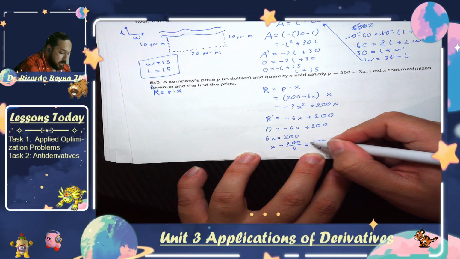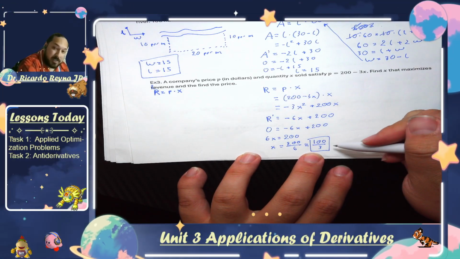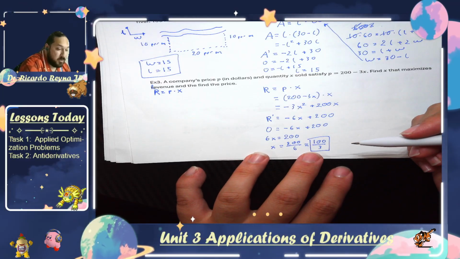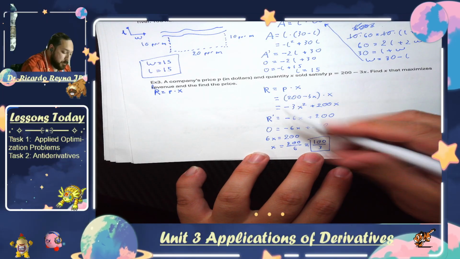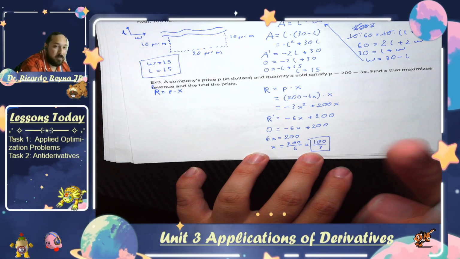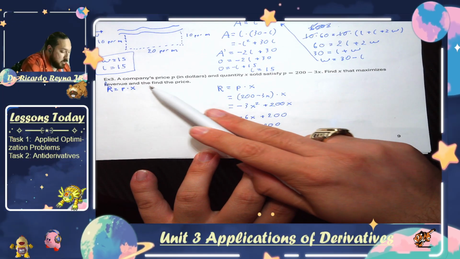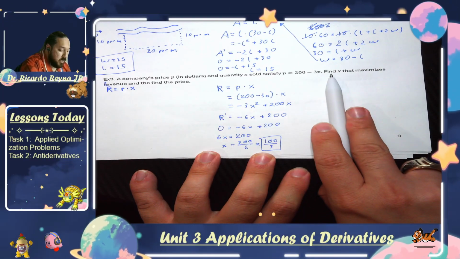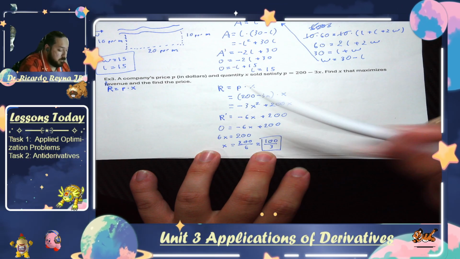So this is going to be the quantity sold that will maximize our revenue. Obviously, this is a fraction of a quantity, but the idea here is that we want to get as close as possible. So I'll leave it like this, but then for the final answer, I'll do some rounding. But we need to make sure that we also find the price as well, because we want to find the quantity that maximizes the revenue and the price.